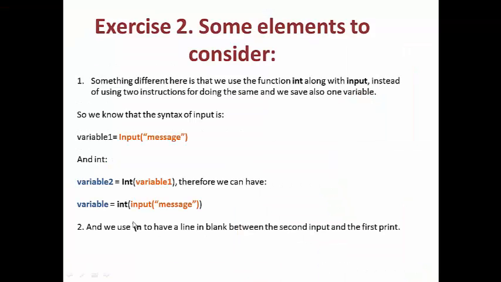So, we use this \n to have a blank line, una línea en blanco, between the second input and the first print.